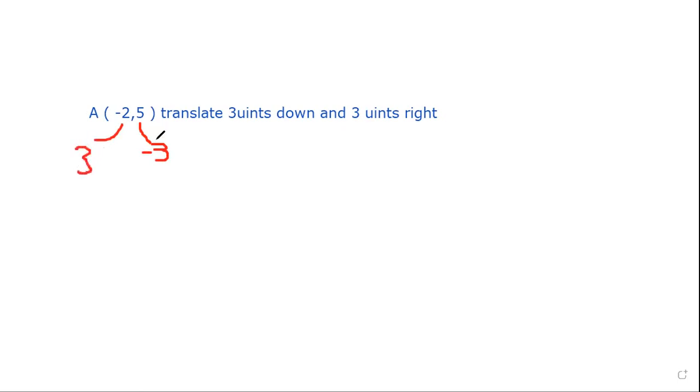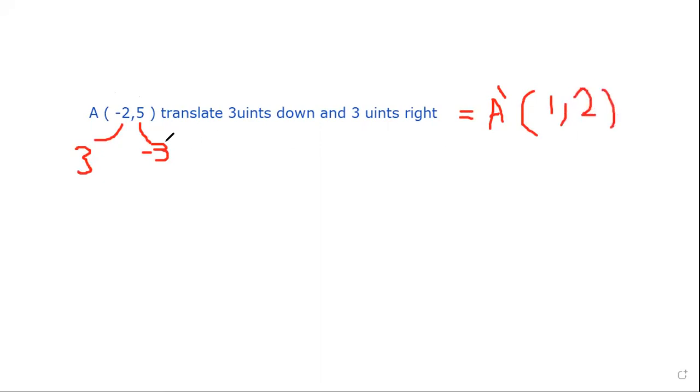So the answer: 5 minus 3 equals 2, and 3 plus negative 2 will be 1. We want A prime, which is 1 and 2.